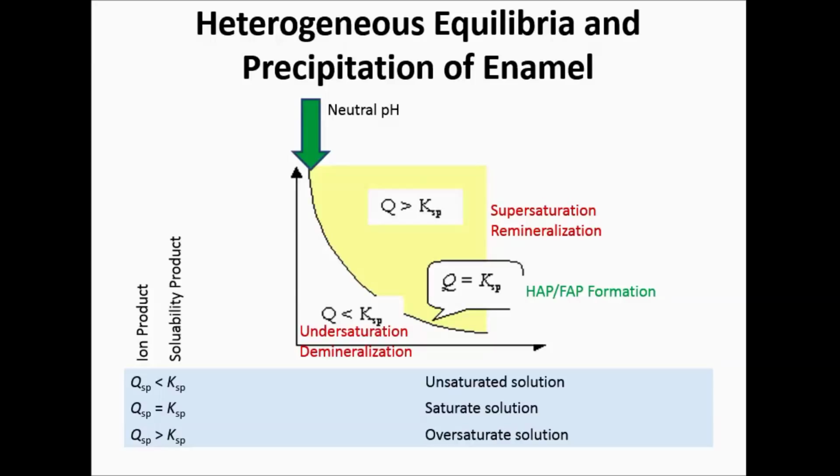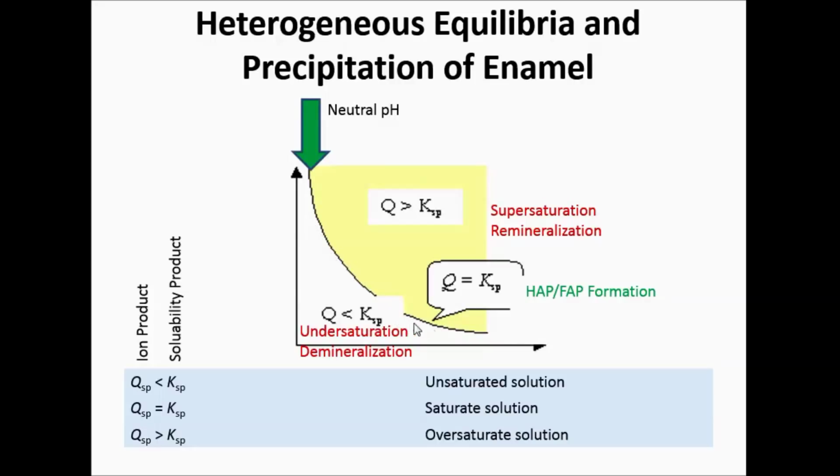Under natural conditions and under an acidic environment, we have supersaturation of the oral fluid with the ions in the solubility product. Basically, this chart says that when the particular ions are in solution equivalent to the product of ions needed for formation of a crystal, then that crystal is free to form.